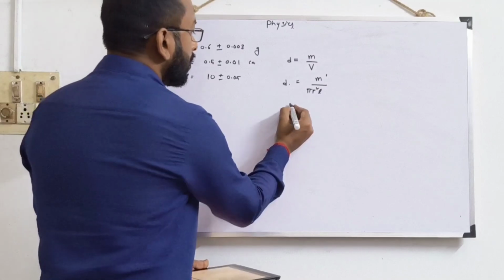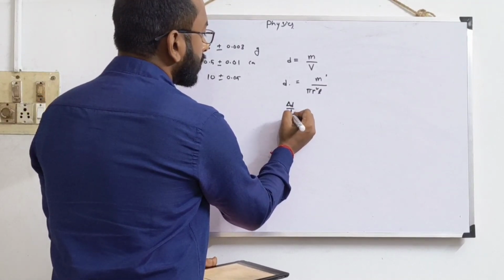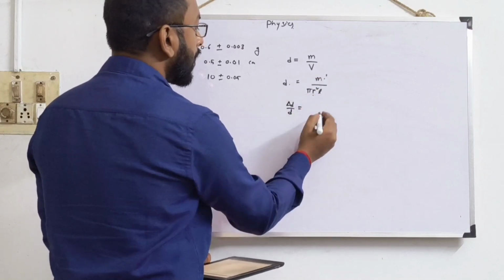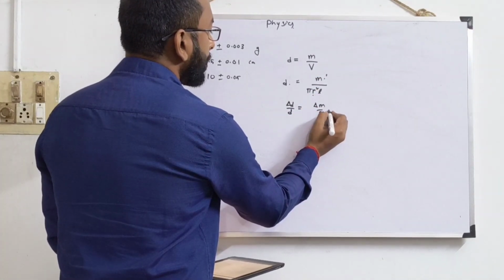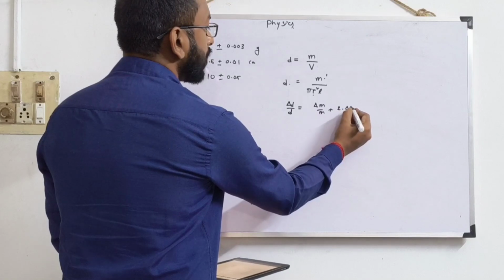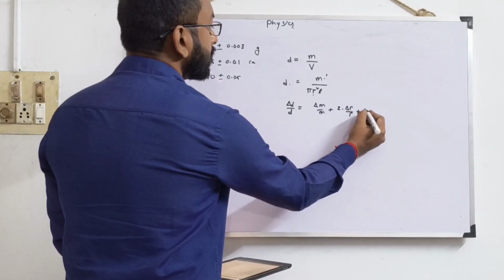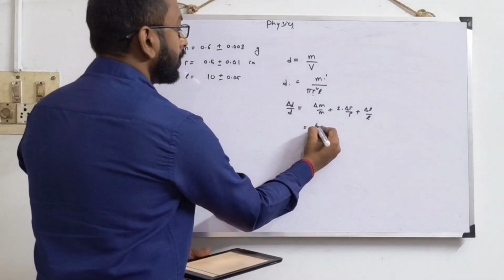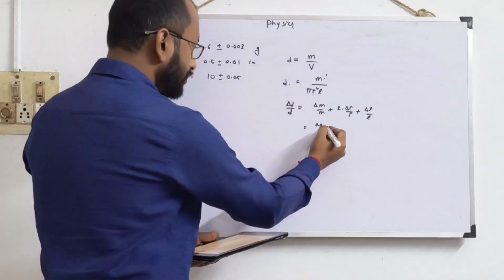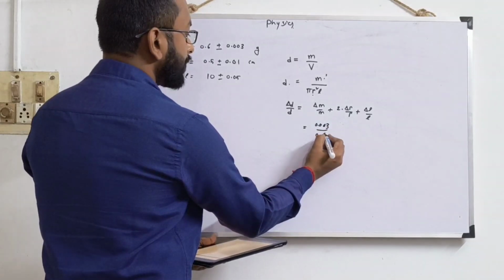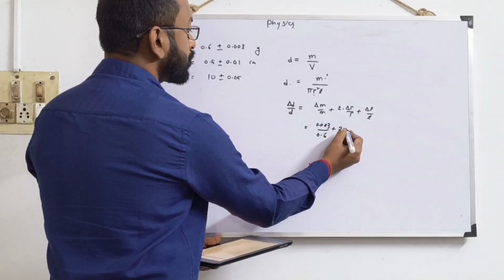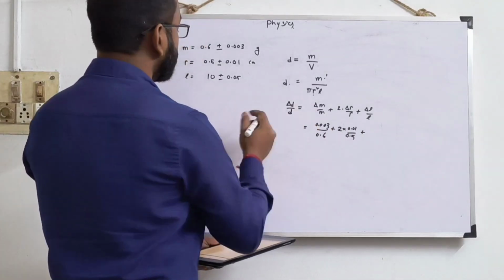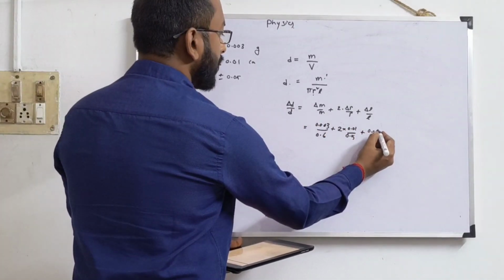So the final density error will be the addition of the errors of m, r and L: delta m by m plus 2 into delta r by r plus delta L by L. If we put those values, delta m is 0.003 by m is 0.6, plus 2 into 0.01 by 0.5, plus delta L is 0.05 by 10.